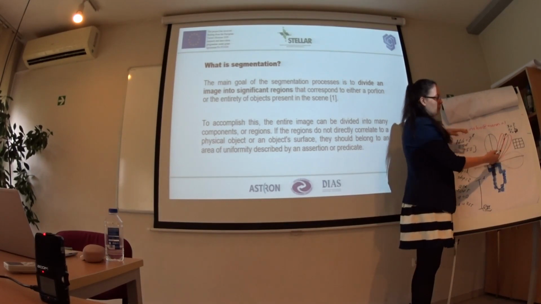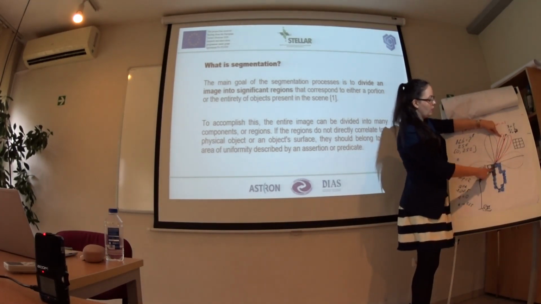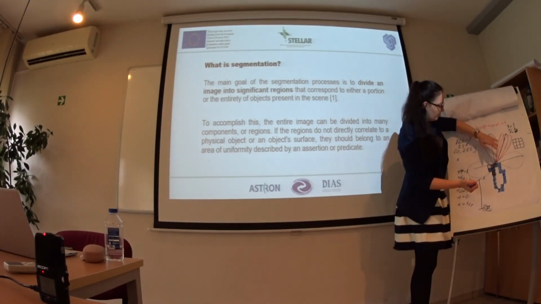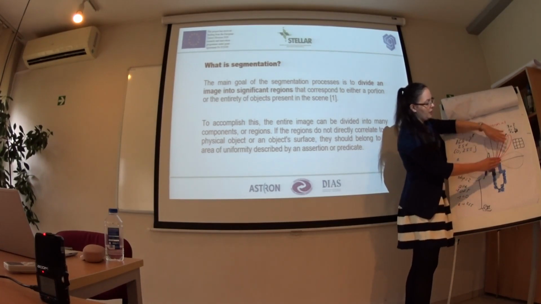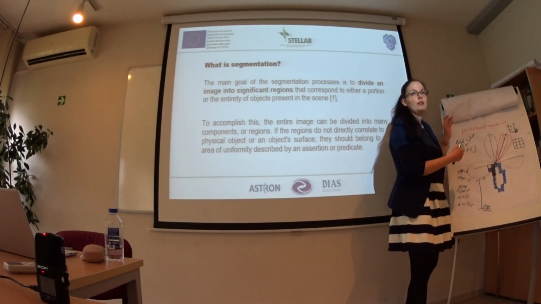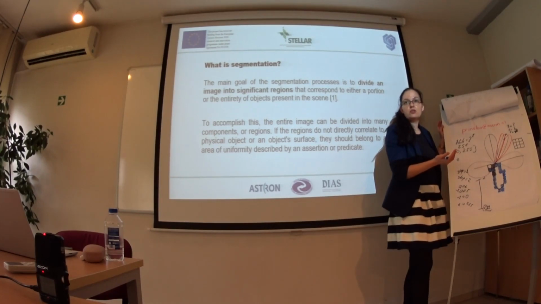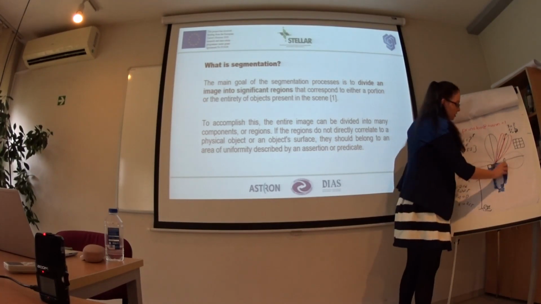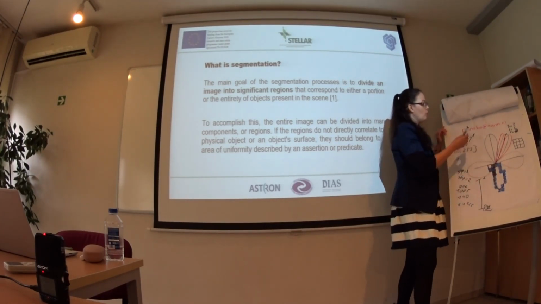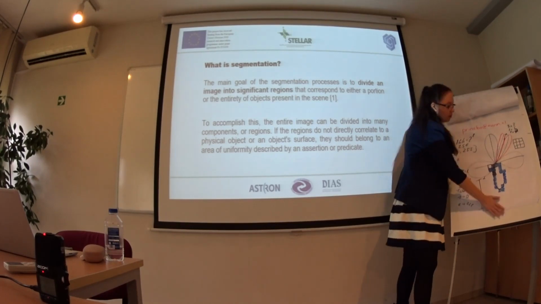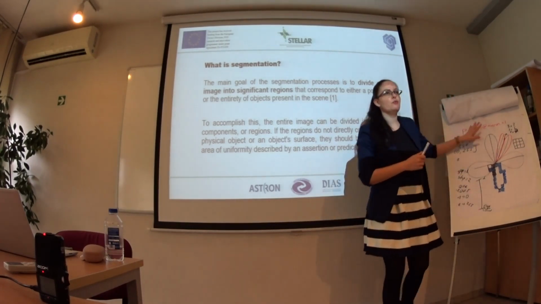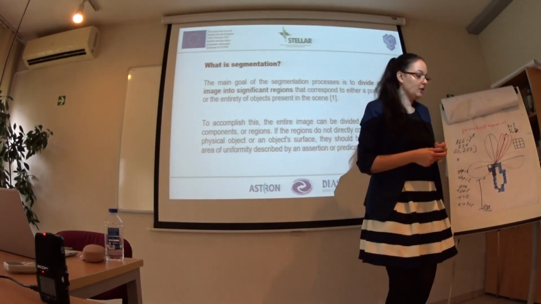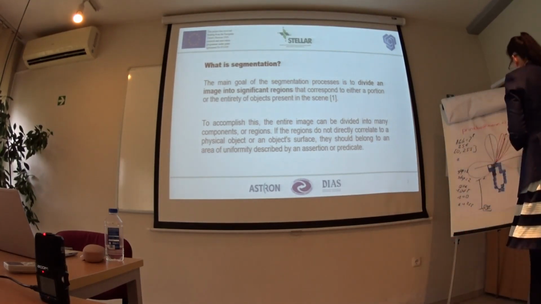So if we want to separate the green, red, blue, and black, or the different colors, we can use some segmentation techniques. Or if we want to separate the object and text, or the background and the other written information, we can apply some of the algorithms that we will see today.